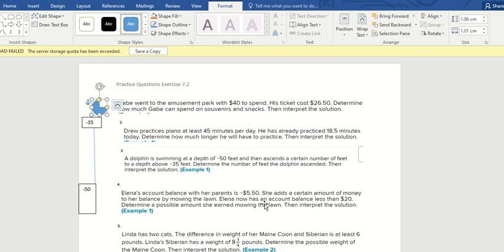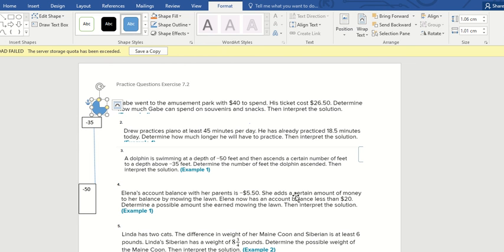So she has two amounts with her parents, one that she already has and one that she earned by mowing the lawn. So minus 5.50 plus X.